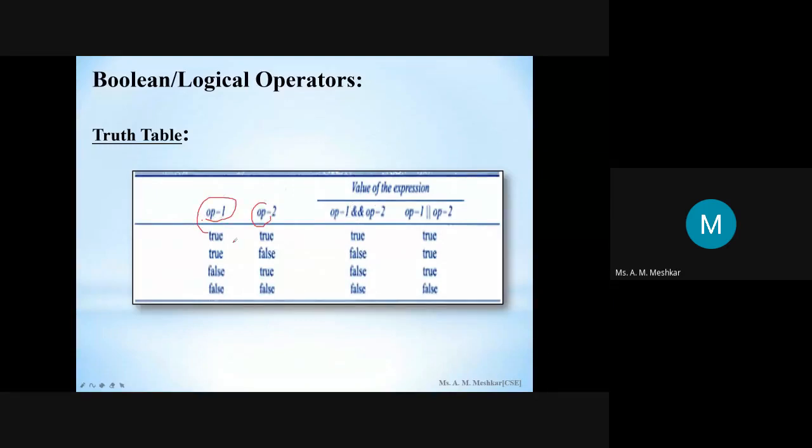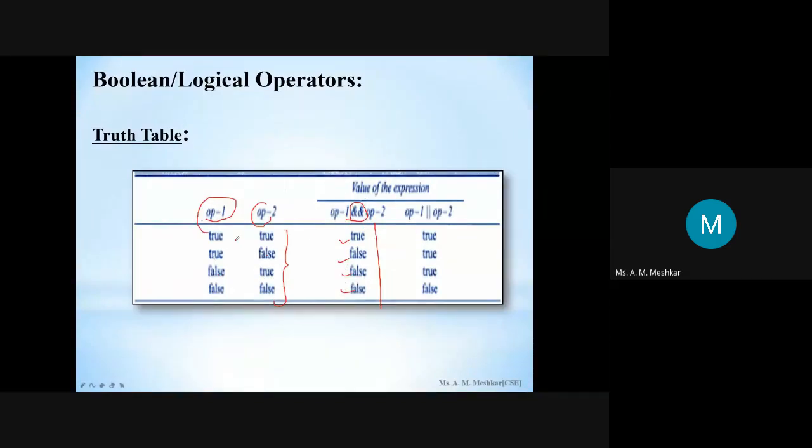So if both operands are true, if both are false, if one is true and the other is false, all these four possibilities are checked against the result.